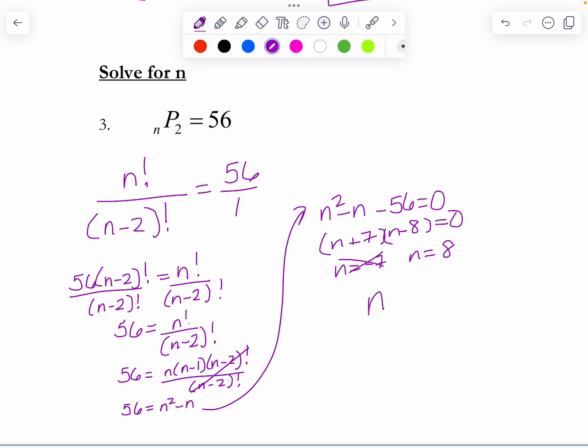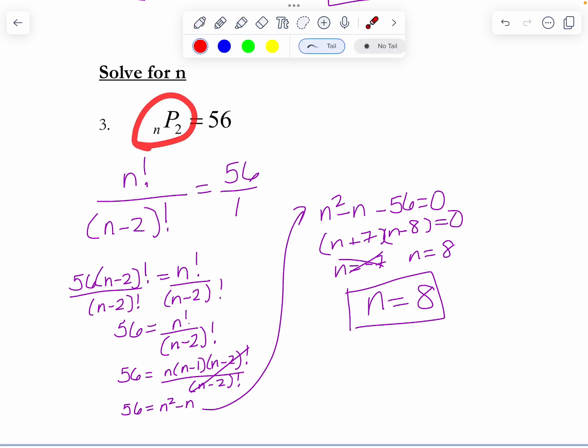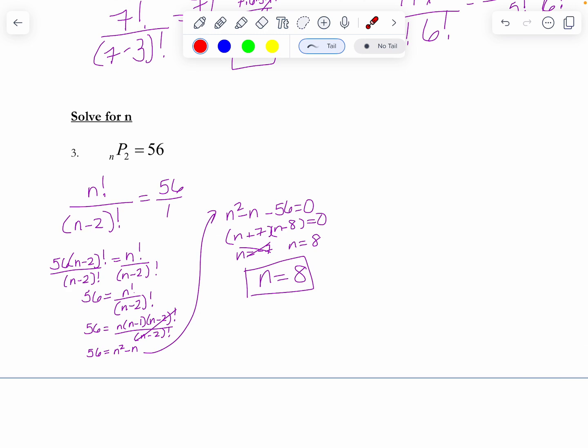So in this case, n is going to be 8. So you're going to use the formula in order to solve for n. So you're going to use the formula of permutations, and then you're going to use the formula of factorials. Okay, that is it. Have a great day.